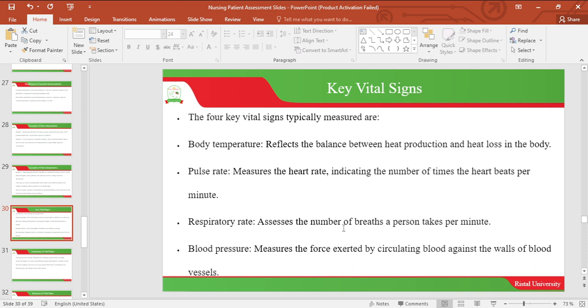Pulse rate measures the heart rate, including the number of times the heart beats per minute. Respiratory rate assesses the number of breaths a person takes per minute. Blood pressure measures the force exerted by circulating blood against the walls of the blood vessels.